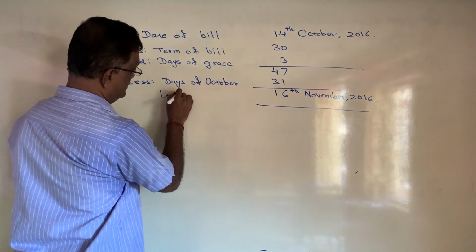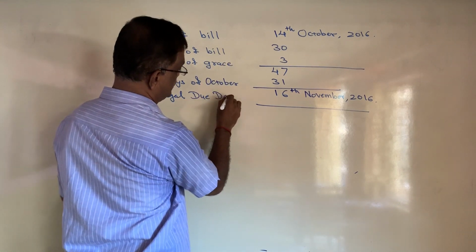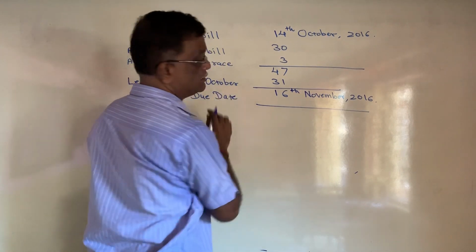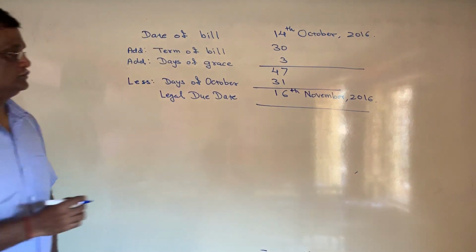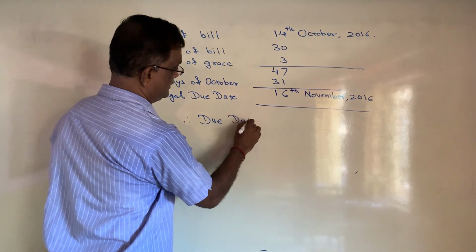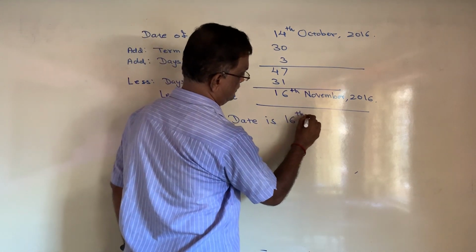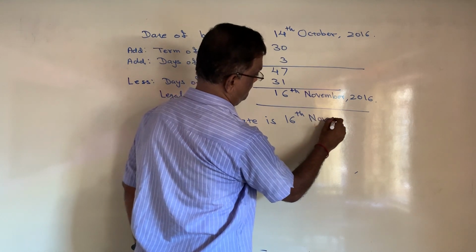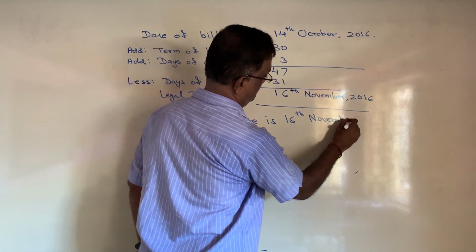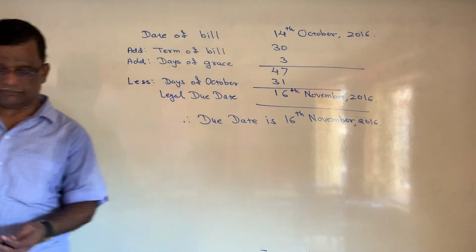You have to remember this is the legal due date of this bill when drawee has to make payment of the bill. The due date is therefore 16th November (2016). Okay.